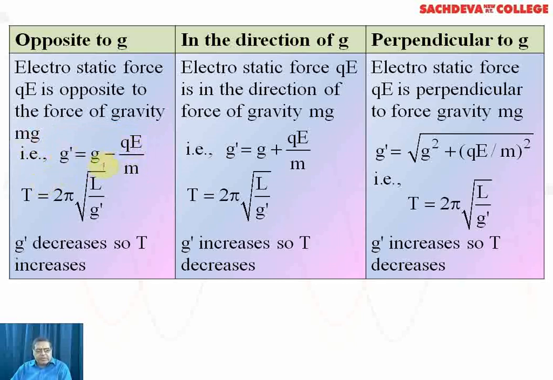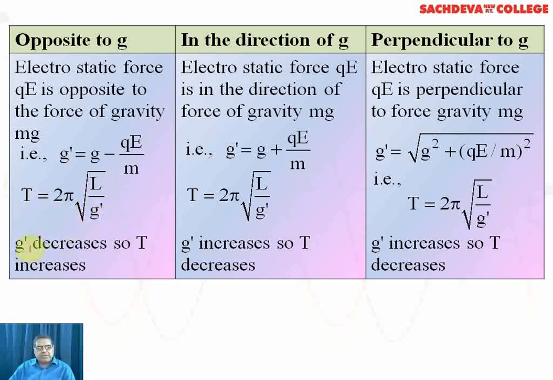What is QE? It is force, and force over mass is called acceleration. So we wanted to write g minus a, but a is replaced by EQ over m. Now from this equation T is equal to 2 pi under root L over g dash. g dash decreases, so T increases.